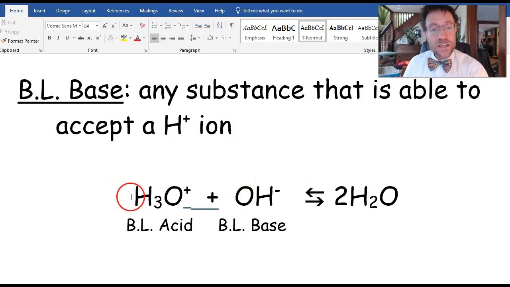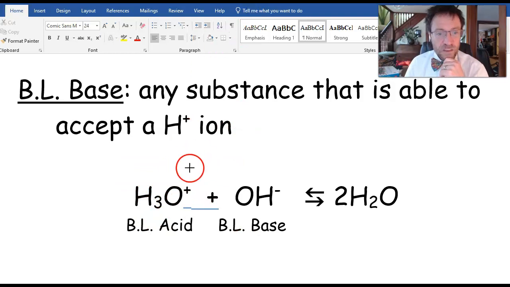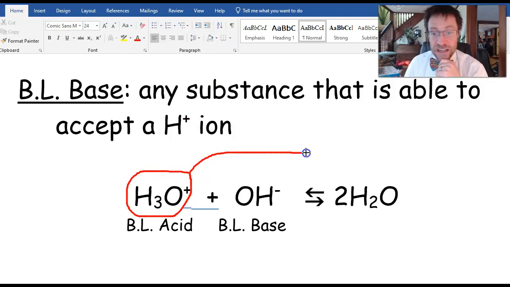In this case, I want you to see how this H3O starts here and it's going to end there. Got it? So between H3O and H2O, it is down one hydrogen. You get that? I want you to see that. That's why we're going to call this a Bronsted-Lowry acid.